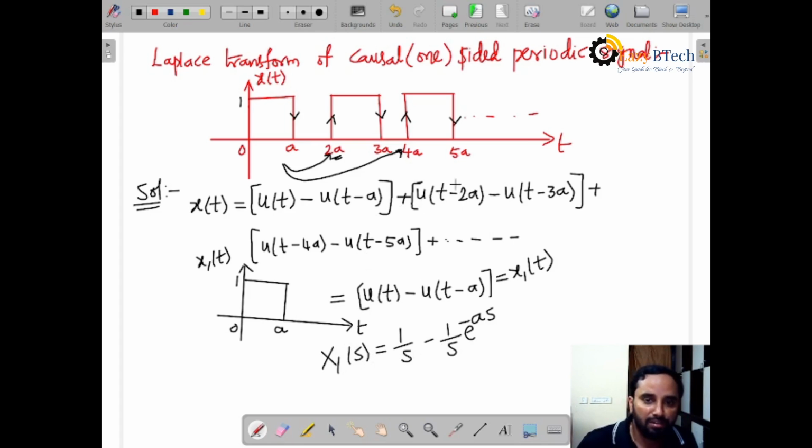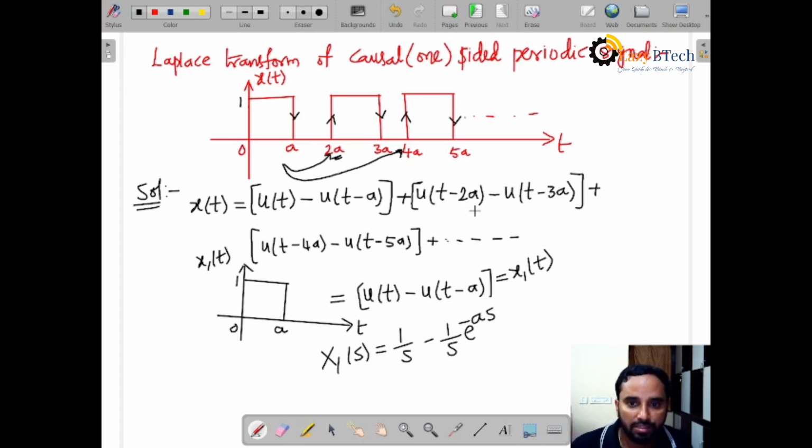And the second one, u of t minus 2a minus u of t minus 3a. This also we can write directly. It will become e power minus 2as minus e power minus 3as, times 1 by s.